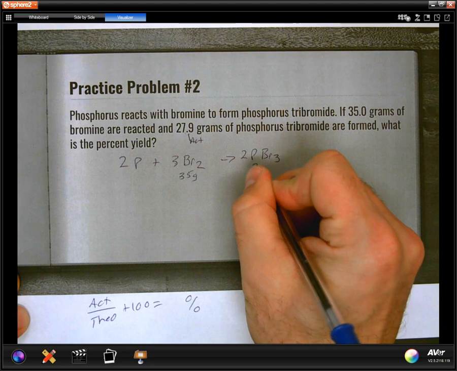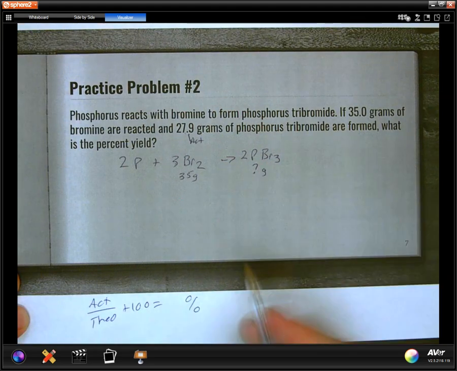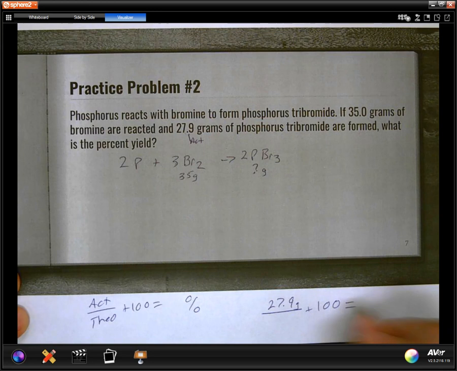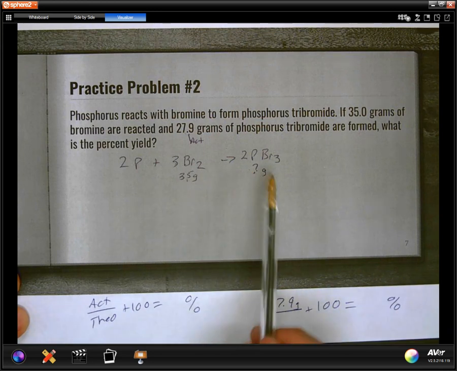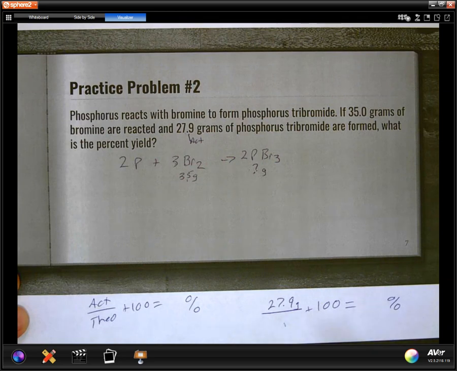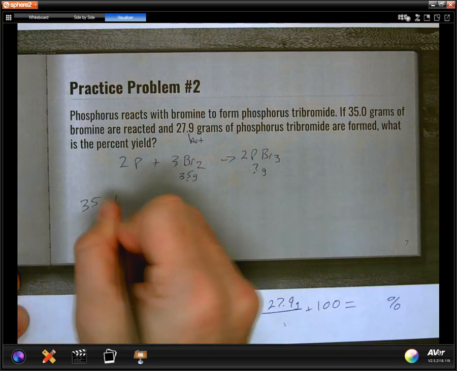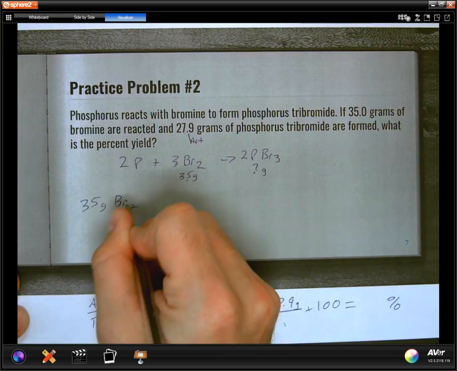So I want to put a question mark here in grams because this is what I need to calculate. And then down here, I'm going to go ahead and put 27.9 grams because that is the actual they gave me. So now all I simply have to do is convert from here to here, plug that number in here, and we are finished.